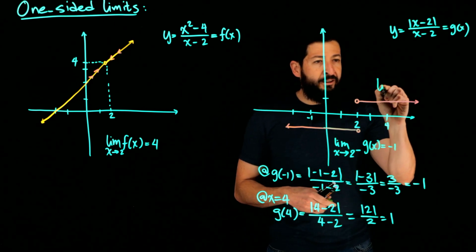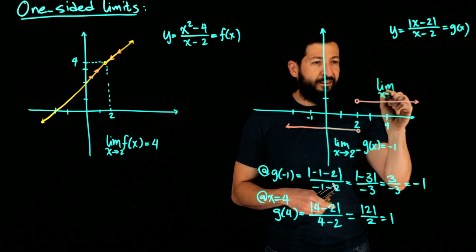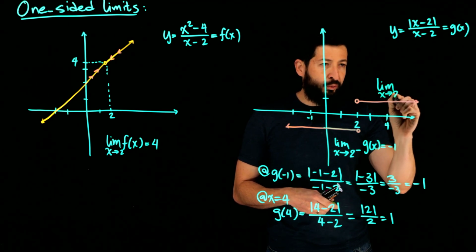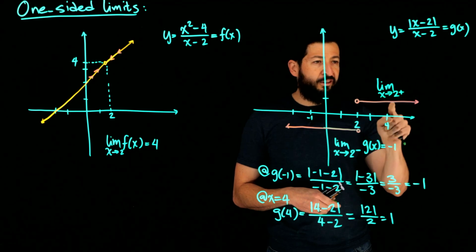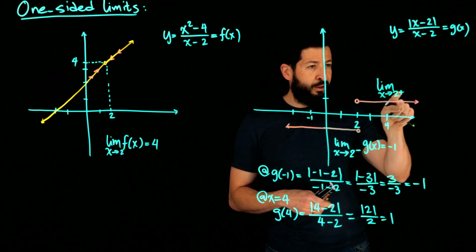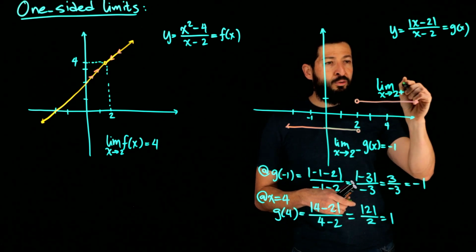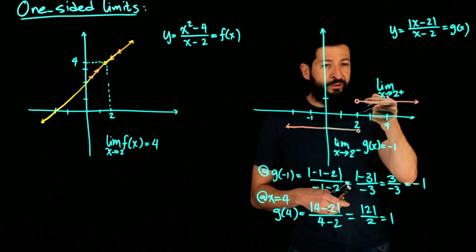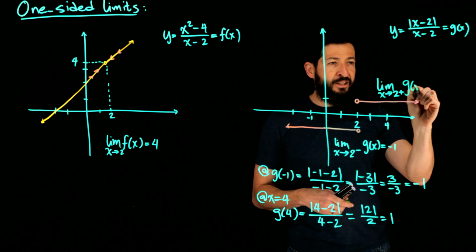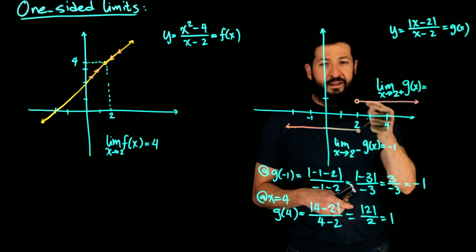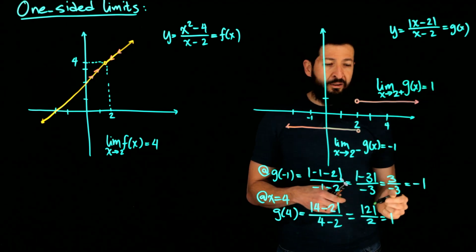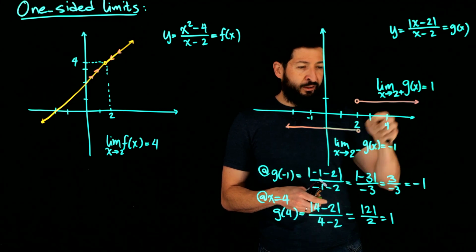But on the other side, the limit as x approaches 2 from the right. So this is not -2 or +2. It's 2 from the left and 2 from the right. So when I approach 2 from the right, the value that g seems to be taking but won't take is going to be 1.